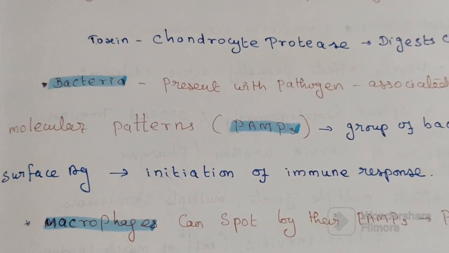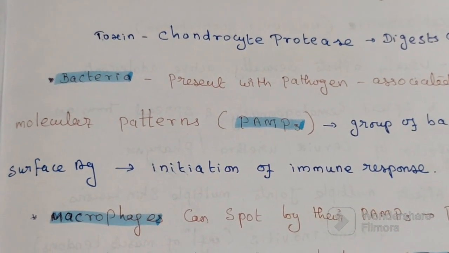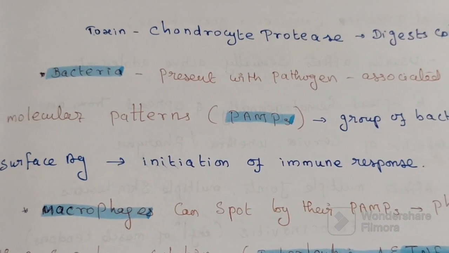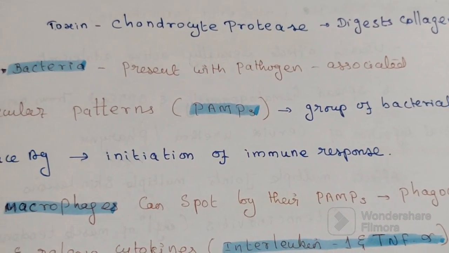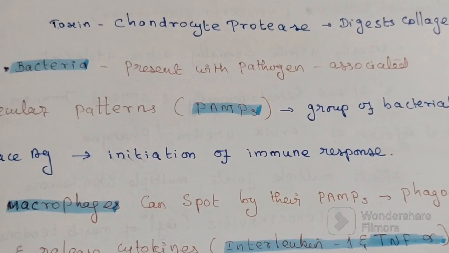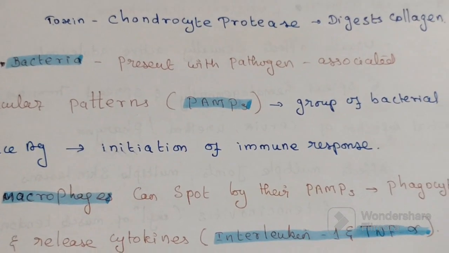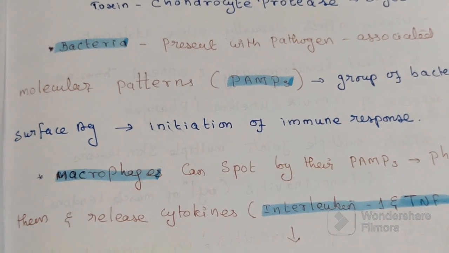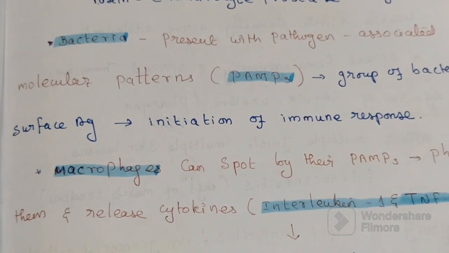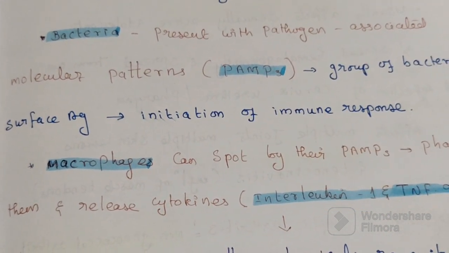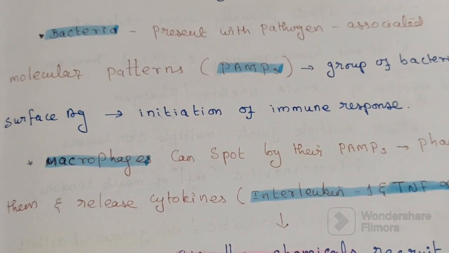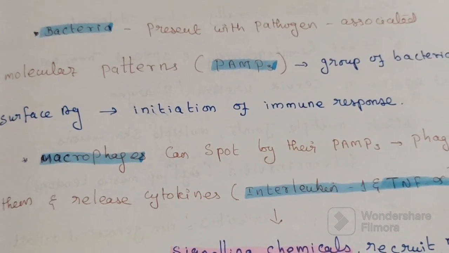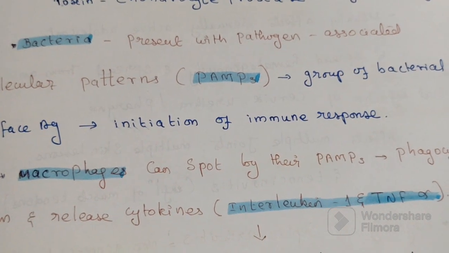Also, bacteria present pathogen-associated molecular patterns, PAMPs, which are a group of bacterial surface antigens that are recognized by our innate immune system as foreign and result in the initiation of an immune response.